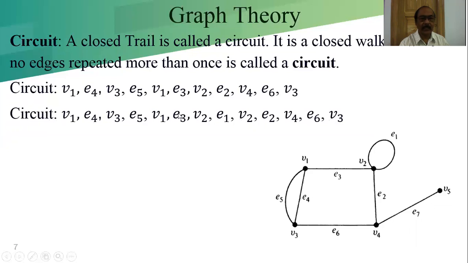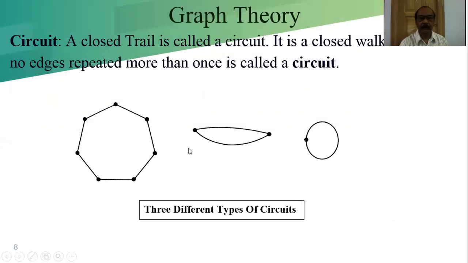In this circuit, vertex V1 is repeated, and V2 is also repeated. For a cycle, it should not be repeated. Cycle means V1, E3, V2, E2, V4, E6, V3, E4, or we can say V3, E5, V1. This is an example of the circuit, and this is also an example of the cycle.